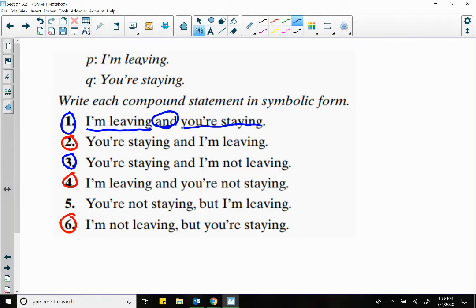Any statement that deals with I'm leaving, we're going to call P. Any statement that says you're staying, we're going to call Q. So this I'm leaving right here, that's P. This you're staying right here, that's Q. This and that we circled, remember that looks like a rooftop. So right there, just by annotating, you already have your information. You just got to write it out cleaner. So the symbolic form of number 1 is P, rooftop, Q.